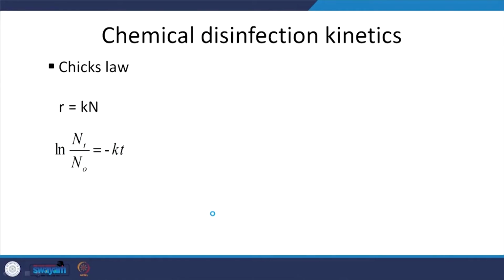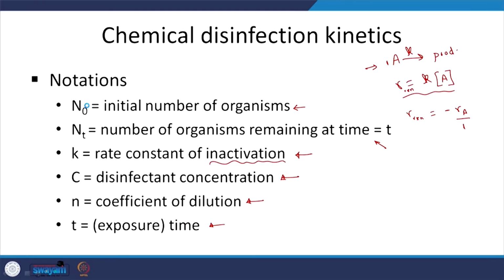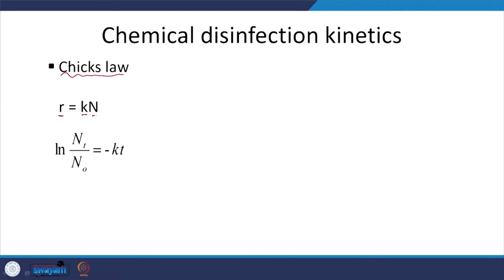So, long ago, Dr. Chick, or Chick's law, tells us that the rate of inactivation depends upon that particular rate constant for inactivation and the number of microorganisms. So, N goes to products, you can think of it again, this is an analogy, this is not a chemical reaction here. The rate is like this.